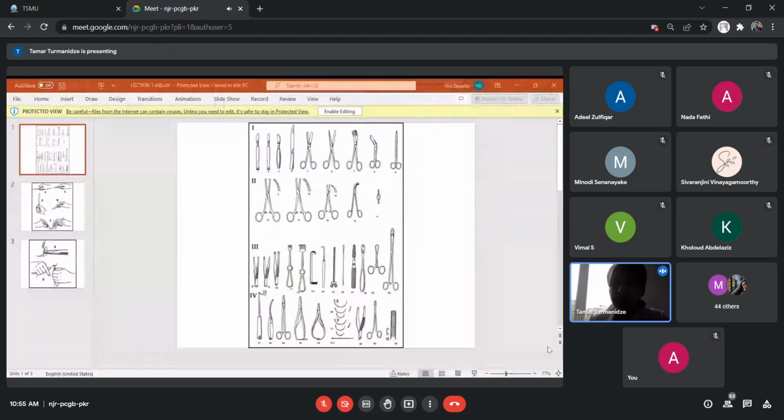Surgical operation, we have different types. We have bloody operation, we have bloodless operation. Operation may be radical, may be palliative. Operation may be one momental, two momental, multi-momental, may be diagnostic, may be medical, urgent, planned. So we have different types of surgical operation.